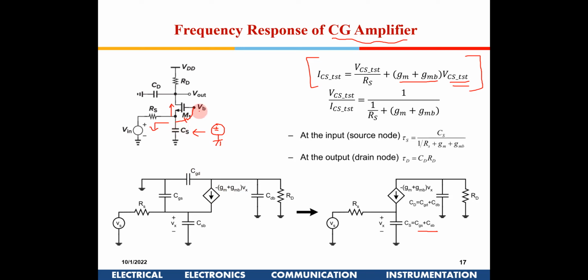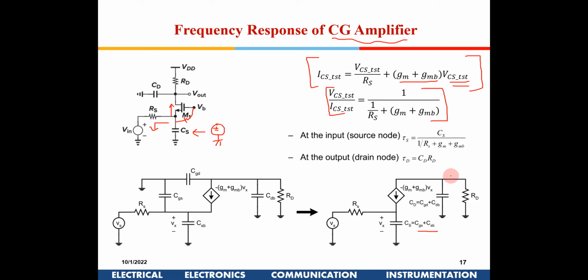So since this is AC ground here, and I am applying a test signal here, this will be gm plus gmb into Vtest only. So now if I write Vtest by the current, this is the impedance as seen by CS. So that will be one pole. Is it okay with all of you? Can I get some response?